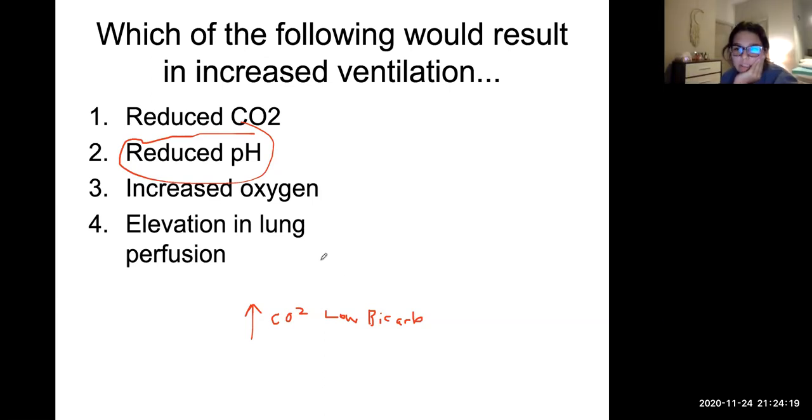It's compensating. So if you're acidic, how is the respiratory system going to compensate for that? It's going to increase your ventilation to try to get CO2 out to bring your pH back to normal, to make it more alkaline. Yes.